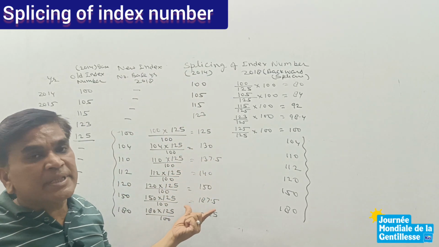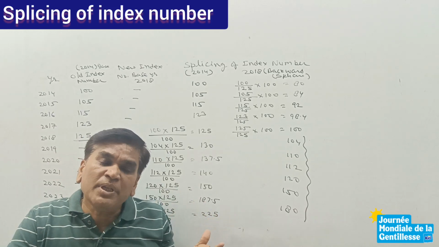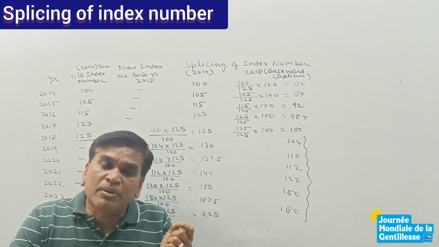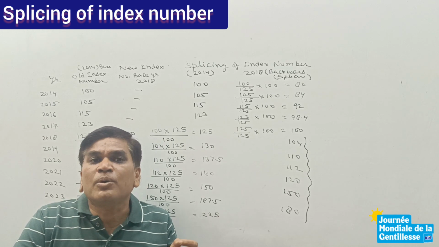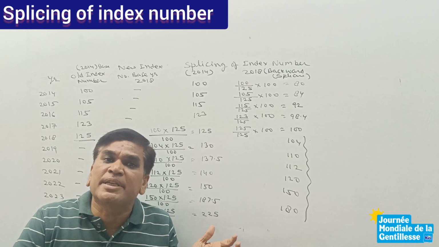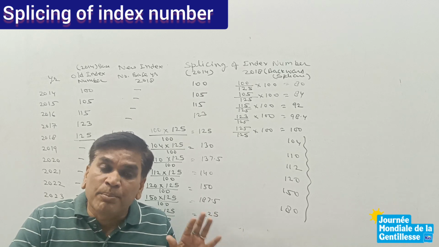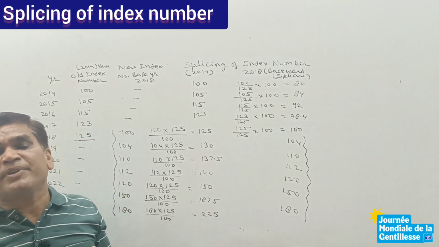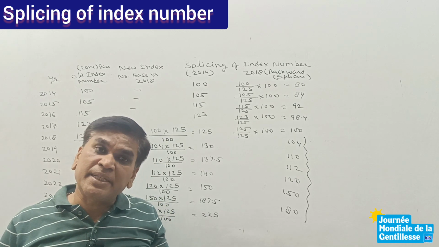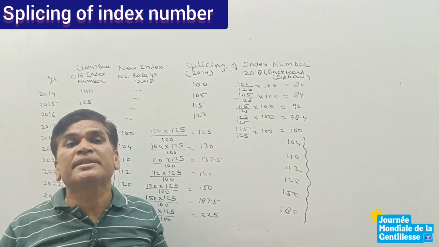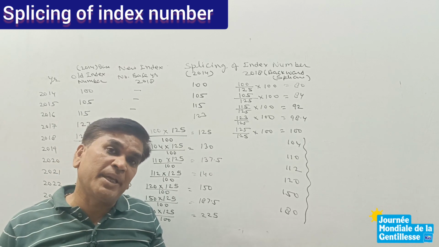In forward simplifying we have the formula: old index number of the current year multiply by old index number of the new base year divided by 100. But for backward simplifying we have a different formula, that is old index number of the current year divided by the old index number of new base year multiply by 100.